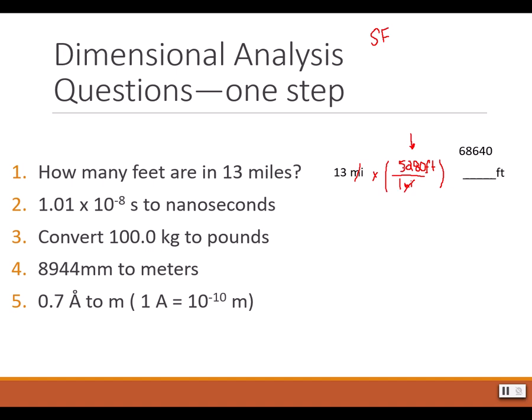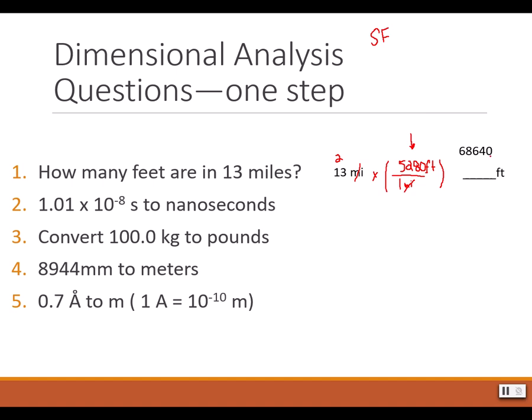Similarly, the 5,280 feet has an infinite number of sig figs as well. So if I have an infinite number of sig figs here and only 2 sig figs here with the 13 miles, my final answer, when written with sig figs, can only have 2 digits.